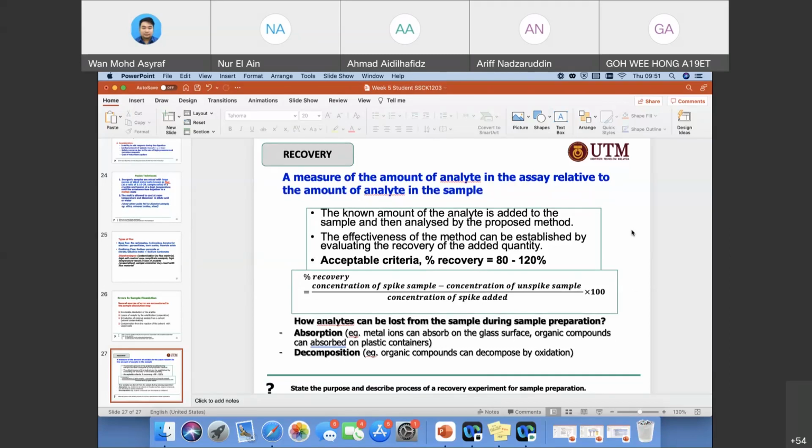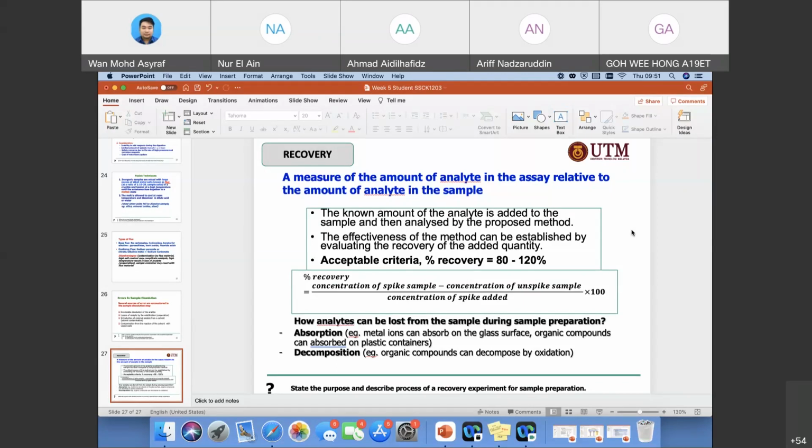Spike sample here is when you treat your sample with the analyte of interest. For example, you have a sample for the analysis of copper, and you don't know the concentration of the copper inside your sample. So you spike it with a known amount of copper.